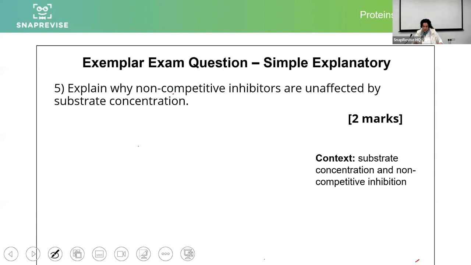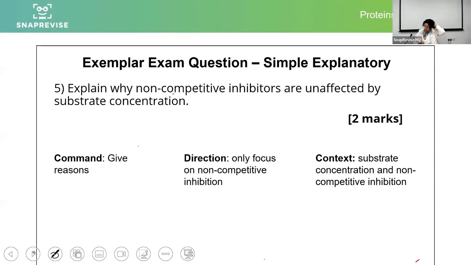The context here is substrate concentration and non-competitive inhibition, the relationship. My command is to give reasons, to explain, and my direction is to only focus on non-competitive inhibition. I don't need to explain anything about competitive inhibitors here.